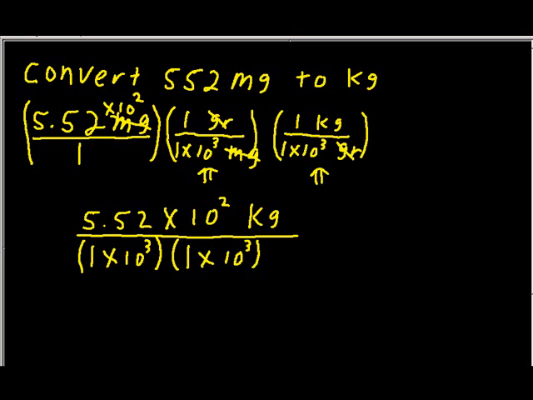Now what we're going to do is we're going to solve this bottom part. And when you multiply scientific notation, you multiply the two numbers, which will give you 1.